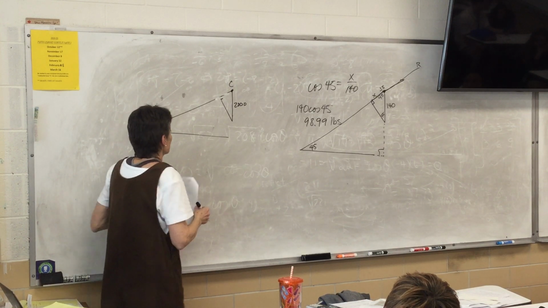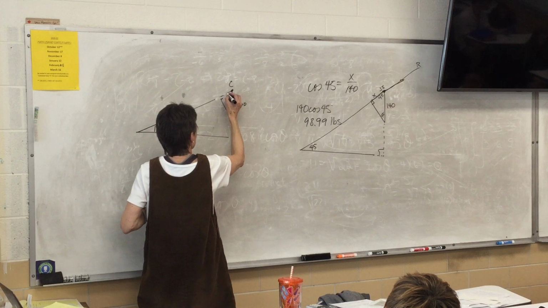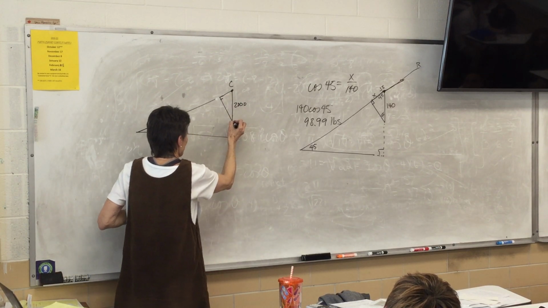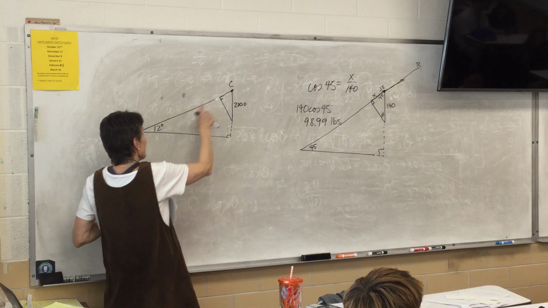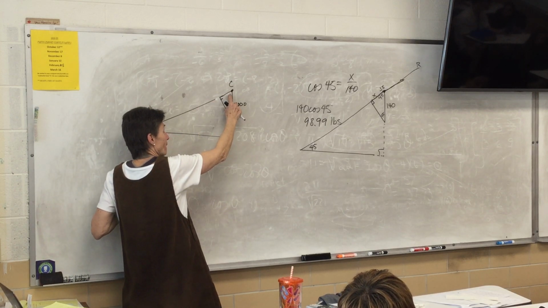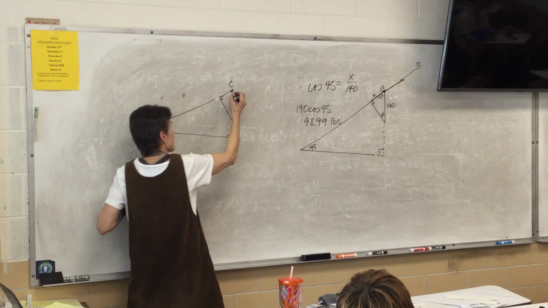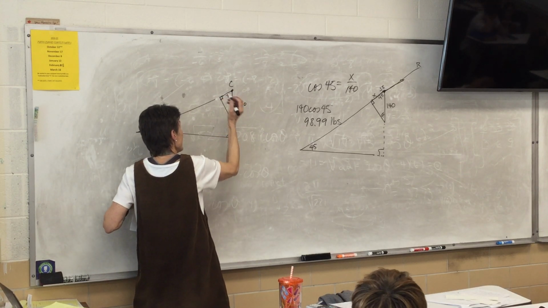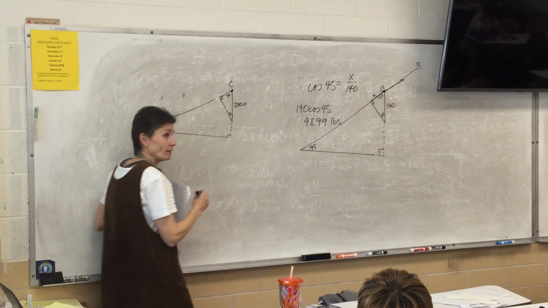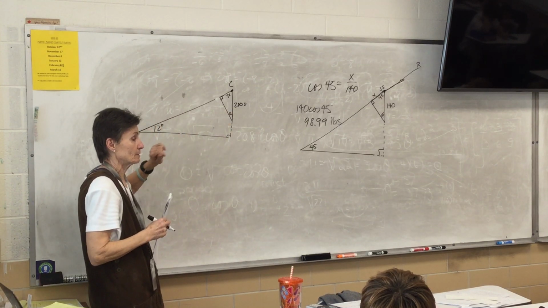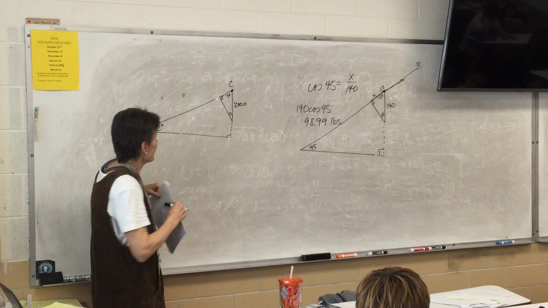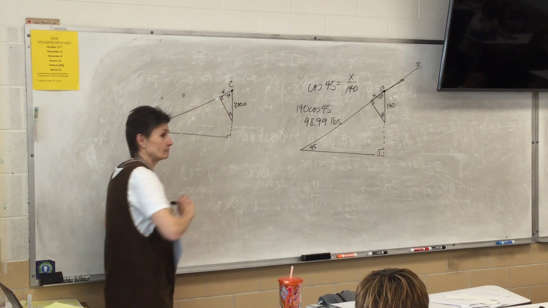All right, now, let's think about angles in this little triangle. If I drop this all the way down, how big would this angle right here be? 78. And this one here would be 12. These are similar triangles, always will be. And I want to know this right here.